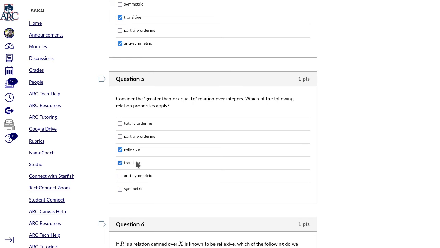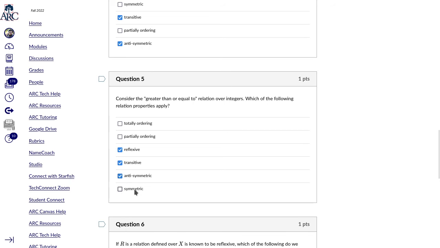Yeah, seems to make sense. Is it anti-symmetric? It is anti-symmetric because if A is greater than or equal to B and B is greater than or equal to A, then A and B must be the same. That can happen. So the implication that A and B are the same when A relates to B and B relates to A is true. So it is anti-symmetric.